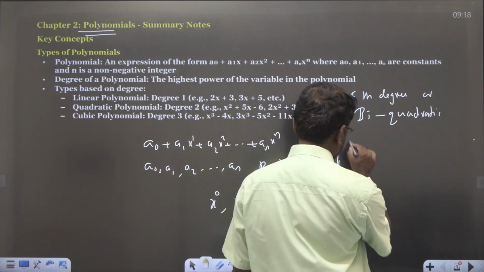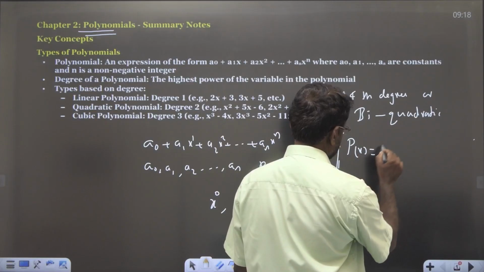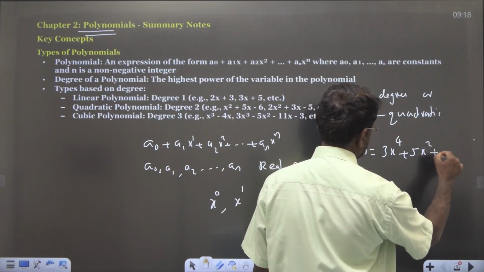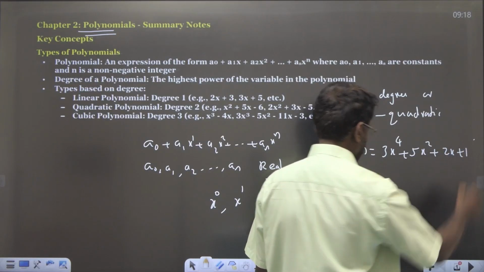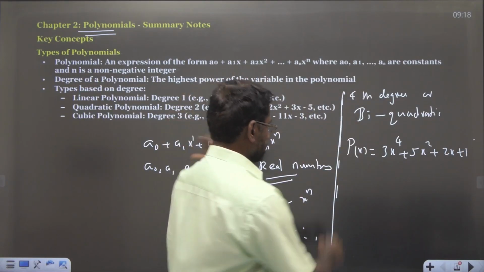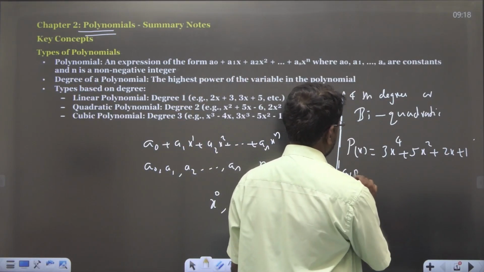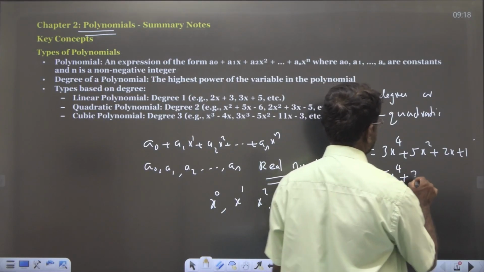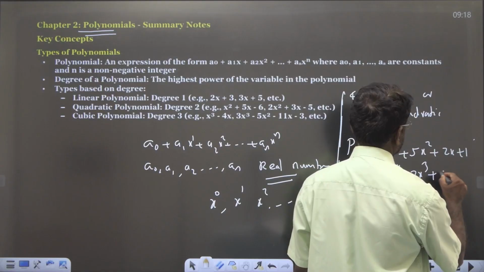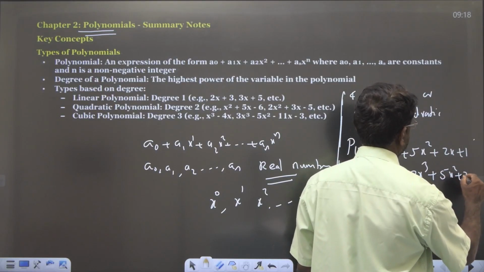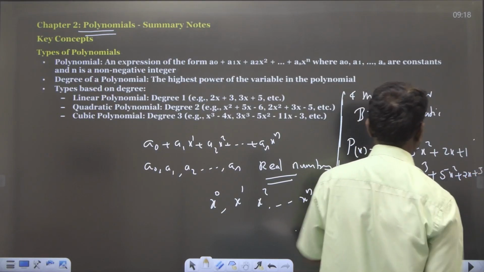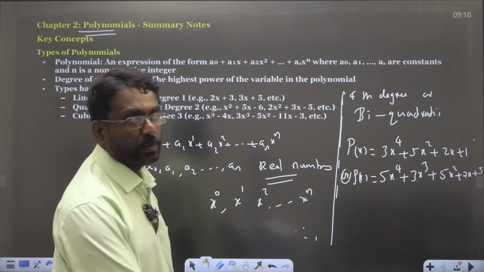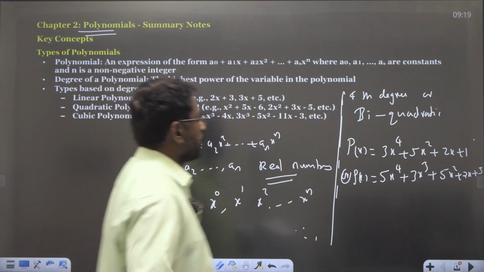For example, p of x equal to 3x raised to 4 plus 5x square plus 2x plus 1, or p of x is equal to 5x raised to 4 plus 3x cube plus 5x square plus 2x plus 3. These are some examples of a fourth degree or biquadratic polynomial.